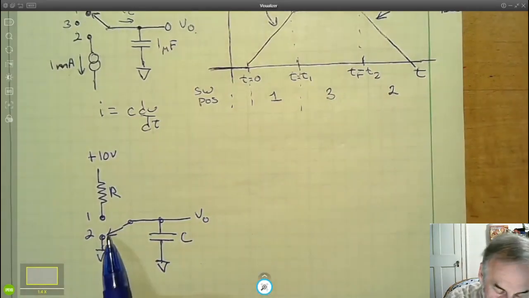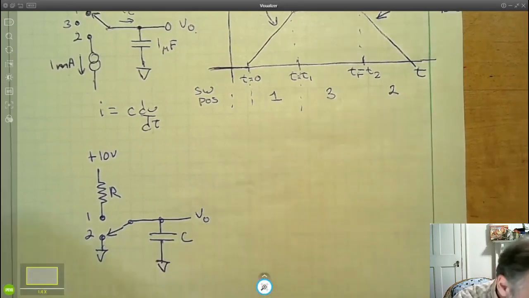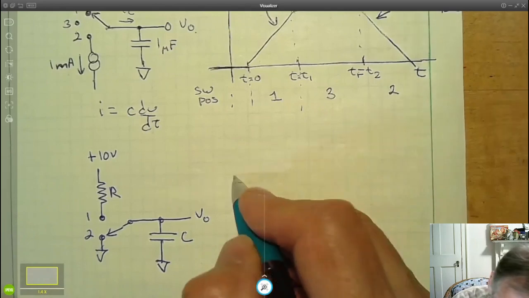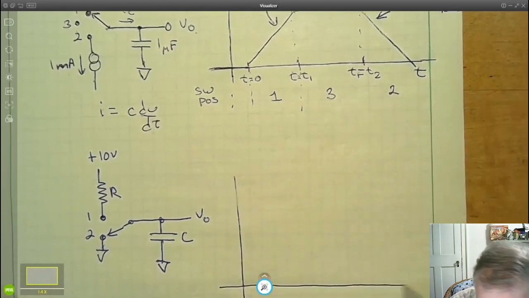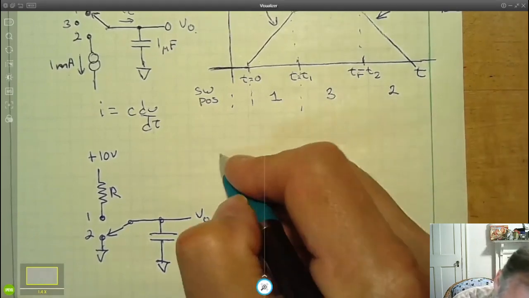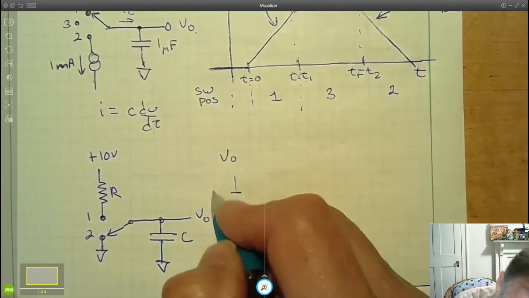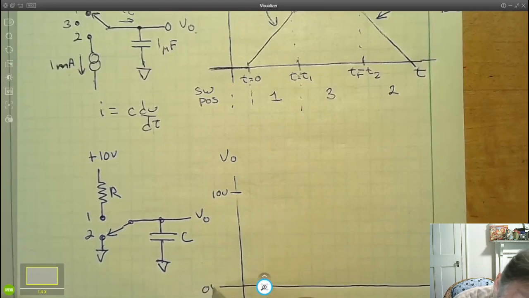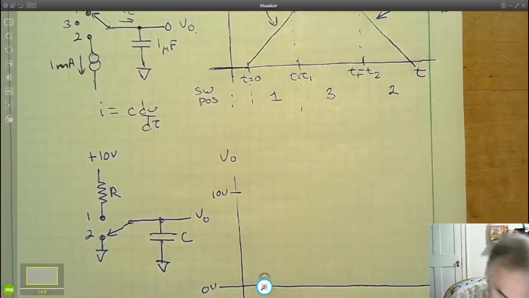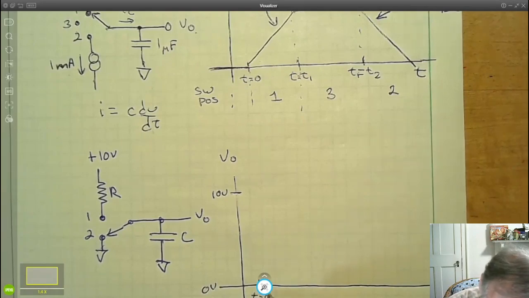We start out with the switch in position 2, and we're going to do the same thing we did before. We're going to graph time versus V out. 10 volts is up here, 0 volts is down here. T equals 0 is here.